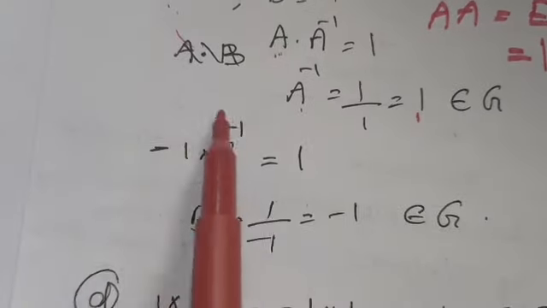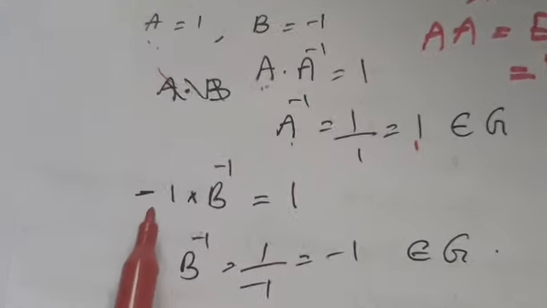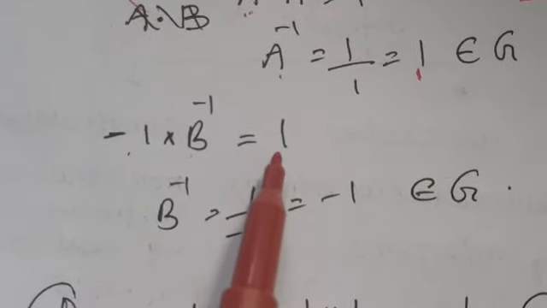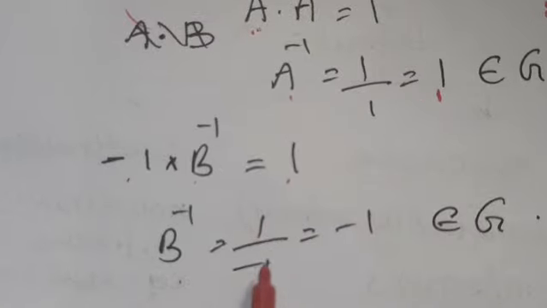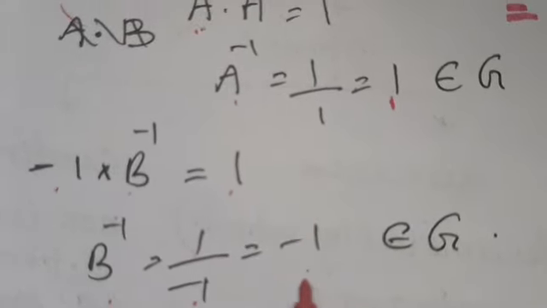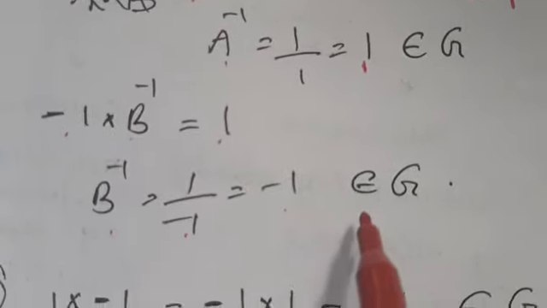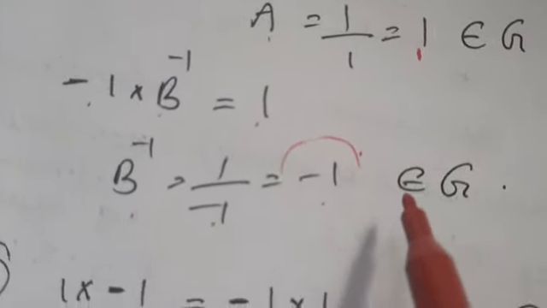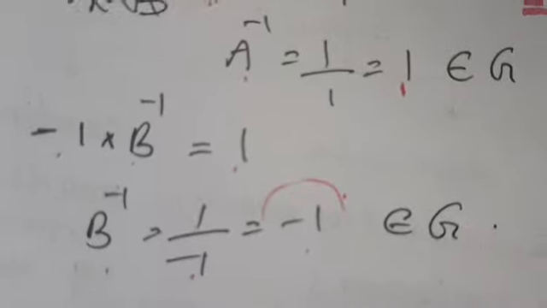So let us check for the B inverse. That is, B is minus 1, into B inverse is equal to the identity element 1. So B inverse is equal to 1 by minus 1, so it is equal to minus 1. So B inverse, which is minus 1, also exists in this group.